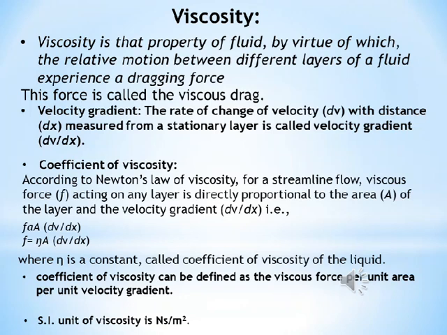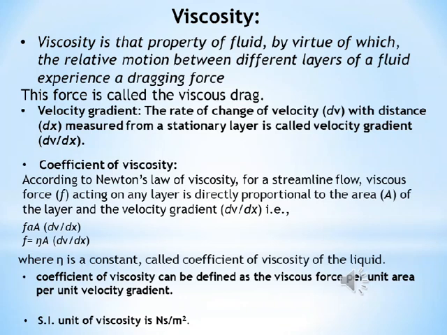To remove the proportionality sign, we keep a constant term, eta. So F is equal to eta A dV by dx, where eta is a constant called the coefficient of viscosity of the liquid. The liquid may be water, honey, oil, kerosene, anything. F is equal to eta A dV by dx.